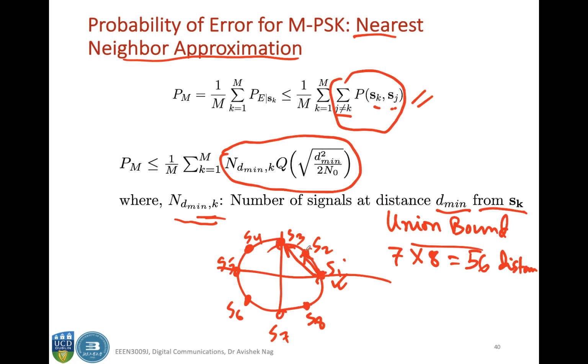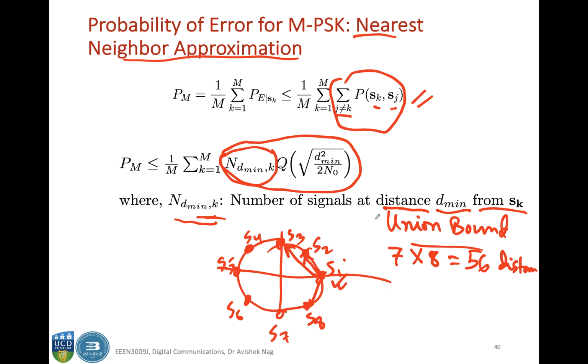Between S2 and S3, whatever is that distance, that's your D mean. So all you need to do here is to check how many nearest neighbors you have. For example, in this case, S1 has two nearest neighbors, S2 and S8. These are the only signals that are within a distance D mean from S1.